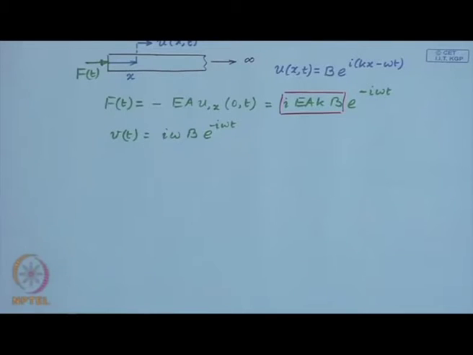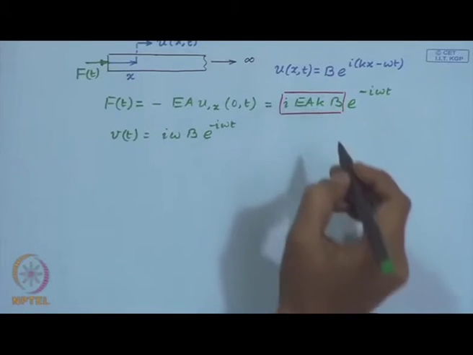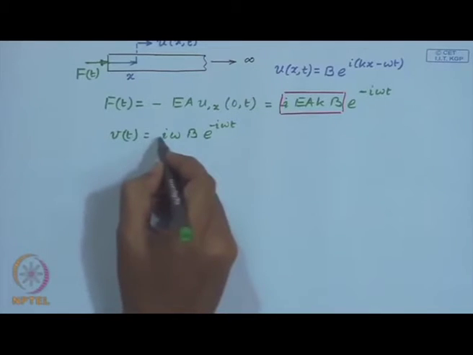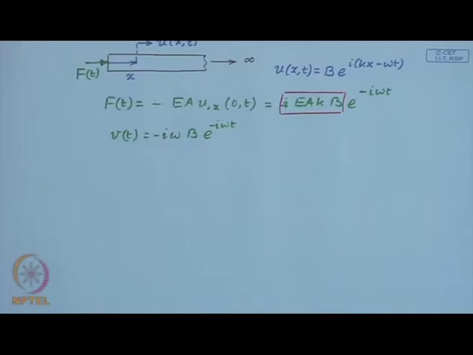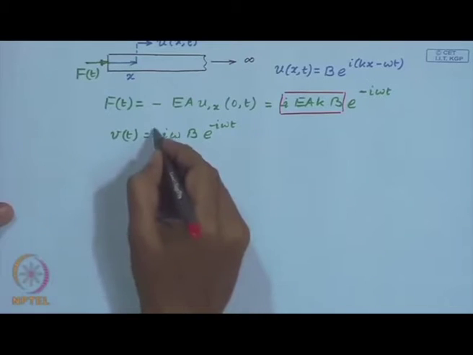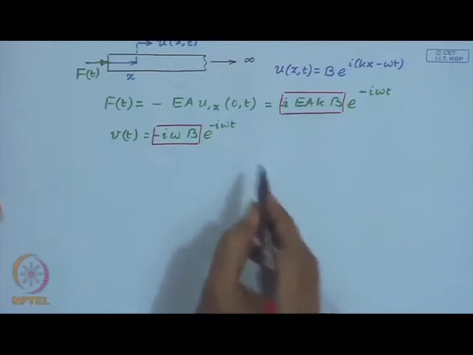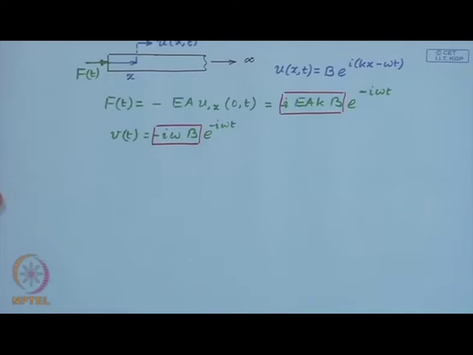So, here I have a negative sign, and here also I have this sign. So, this is the complex force amplitude, this is the complex velocity amplitude.